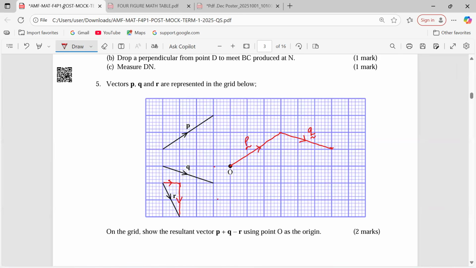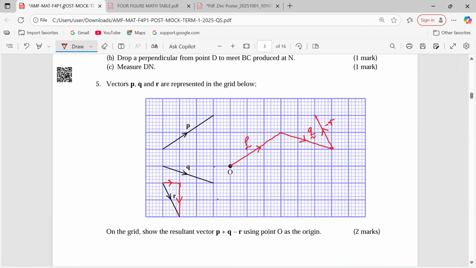So let me attach it such that by the end of the day, I will have gone 1 unit to the left and 2 upwards. So I will attach it this way. That will be minus R now.